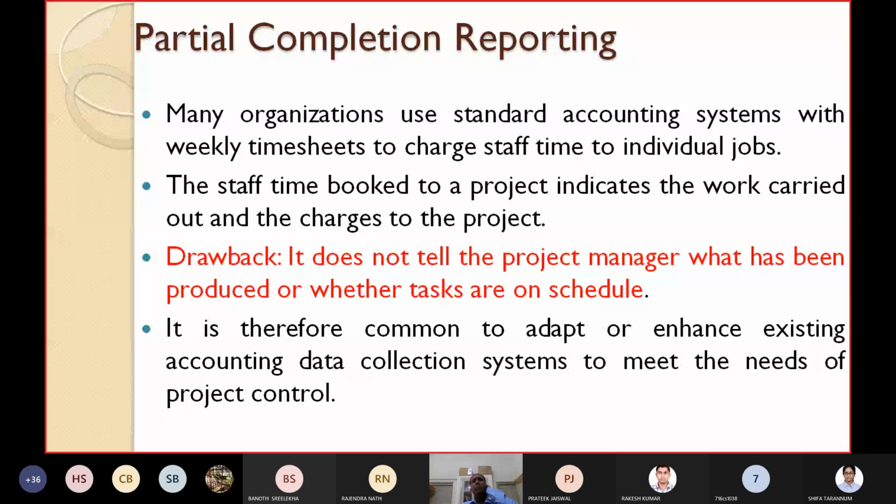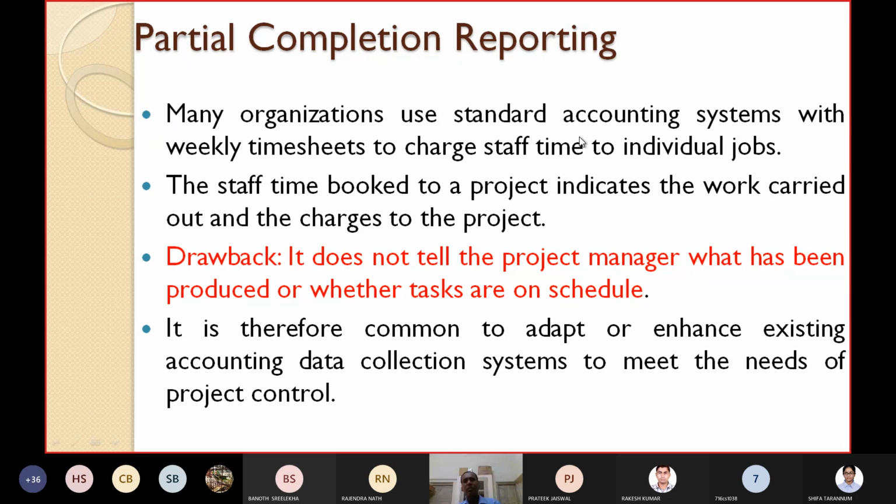So the staff time computed by the standard accounting systems may sometimes not tell the project manager what has been produced, or whether all the tasks are on schedule. Therefore, it is very common to adopt or enhance the existing accounting data collection systems to meet the needs of project control.